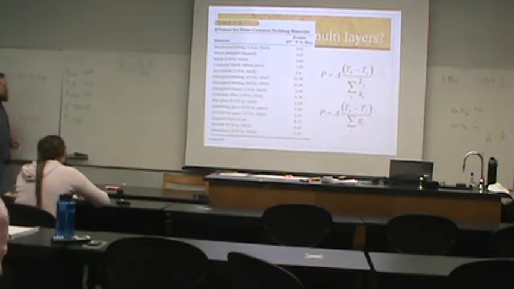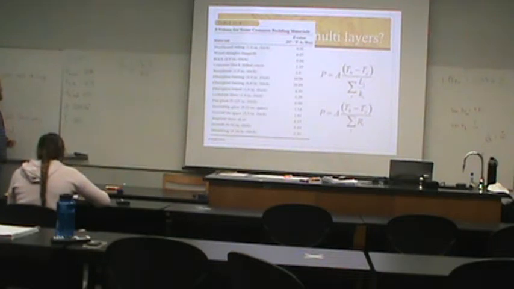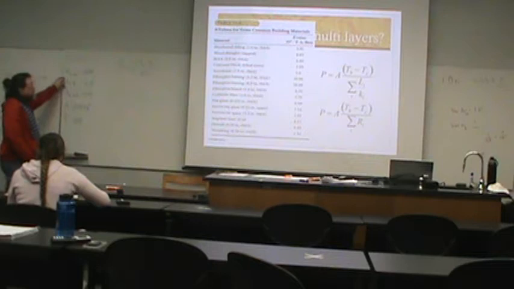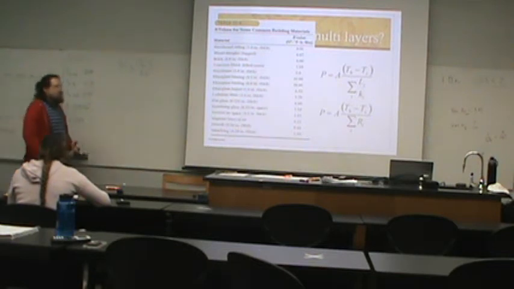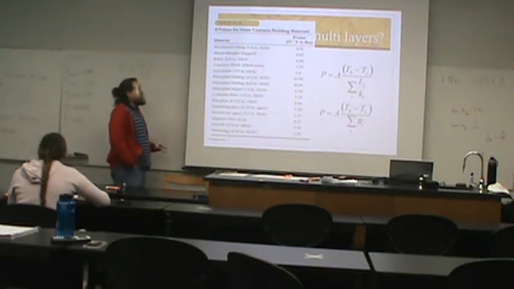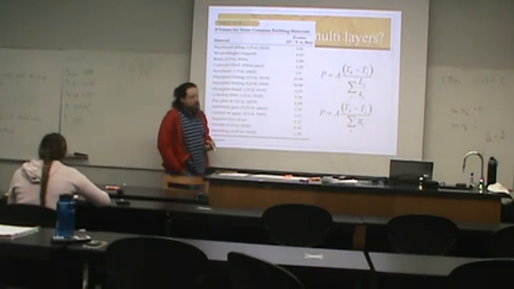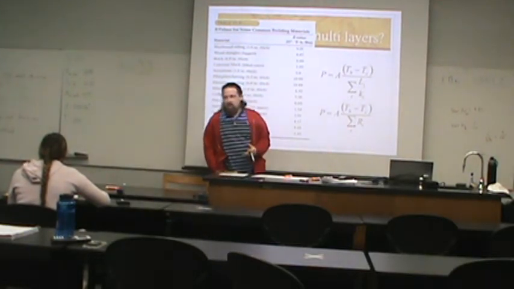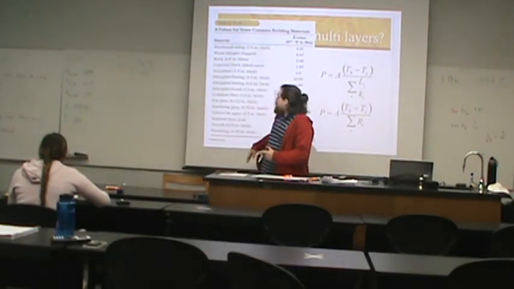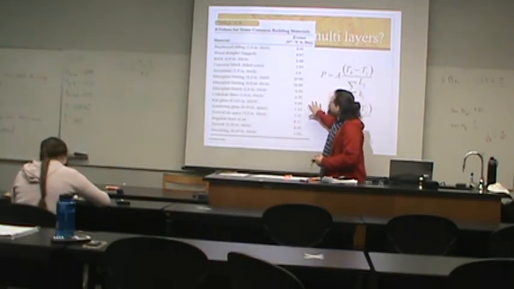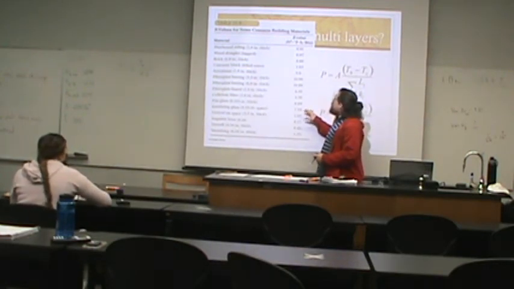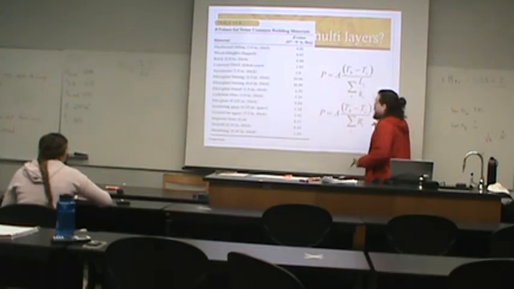What does R refer to? The R of each material is what? It is a thermal conductivity constant. It tells you for that thickness of material how much thermal energy is going to transfer through it every second. So the bigger this number, the faster the thermal energy passes through, or wait, reverse that actually.